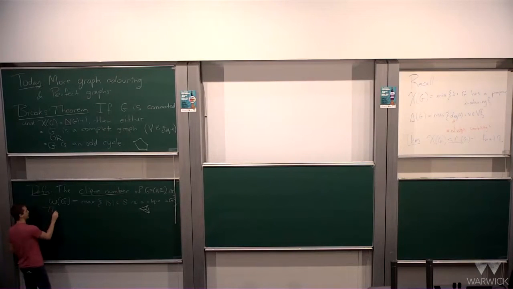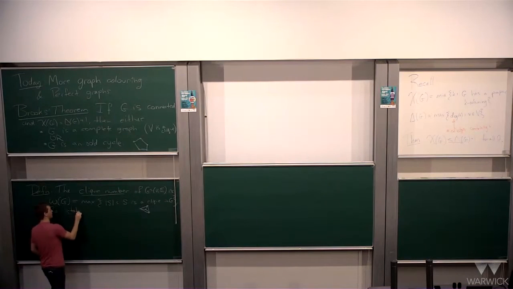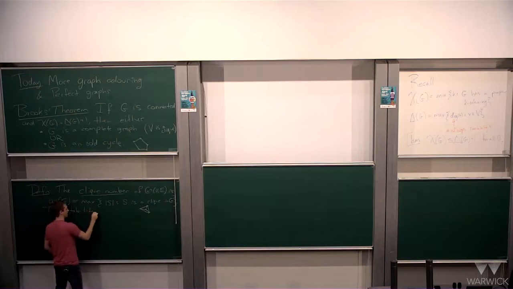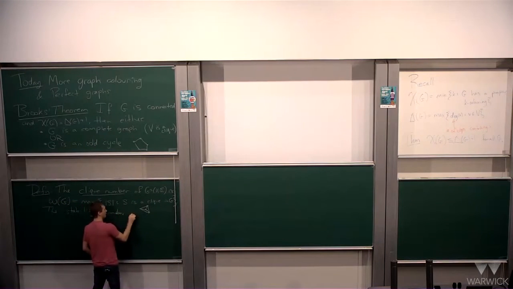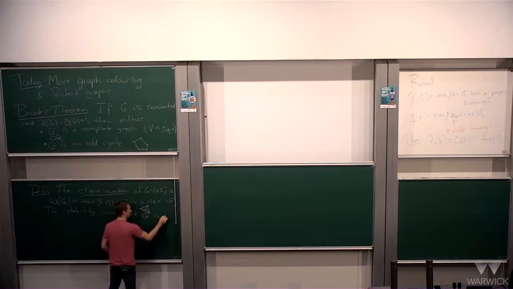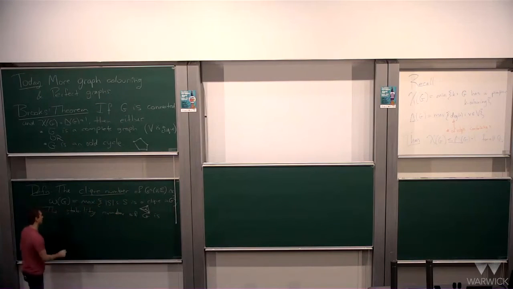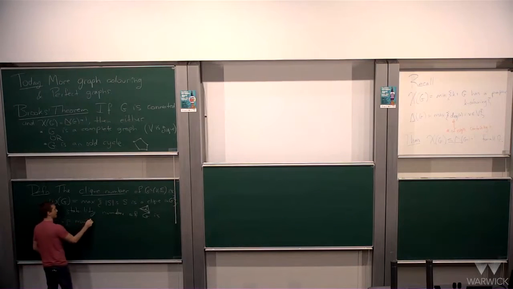And the stability number, well, you might be able to guess, the symbol is alpha of G, and it's going to be the max size of a stable set.